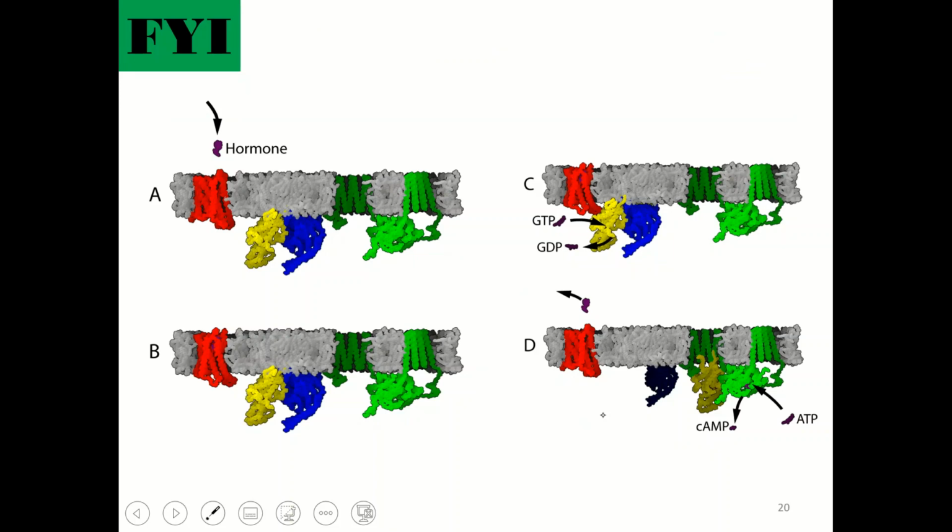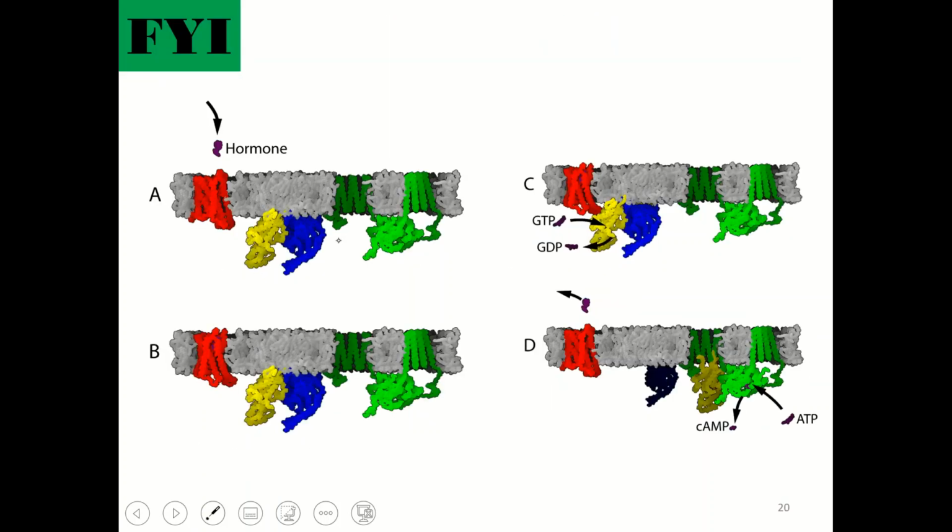This is crystal structures of this receptor system, modeled in a molecular dynamic simulation with membrane molecules around them, just to show you a little bit more how this looks in actuality, not just a cartoon picture.